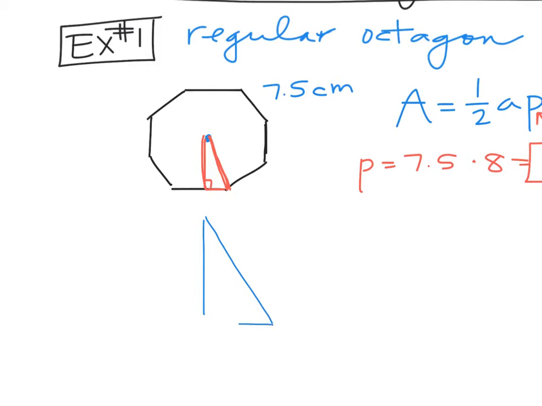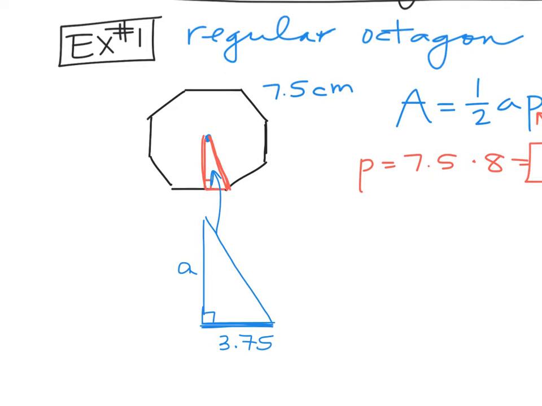So this triangle is this triangle, okay? That means this is my apothem, and this is a piece of the perimeter. How big is that? Good, Sam. That big. It's half of 7.5, right? So that would be 3.75.